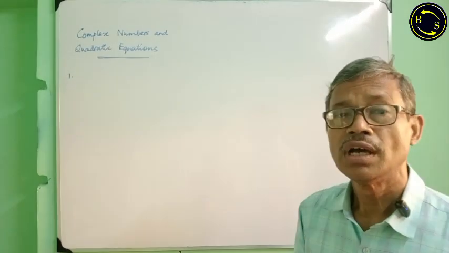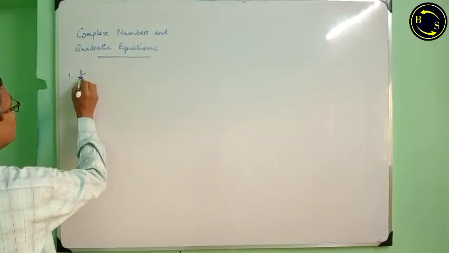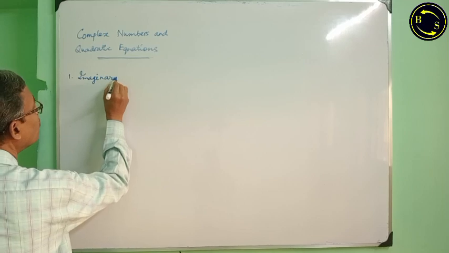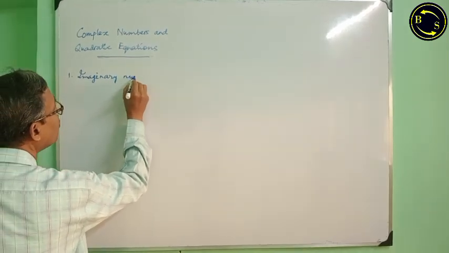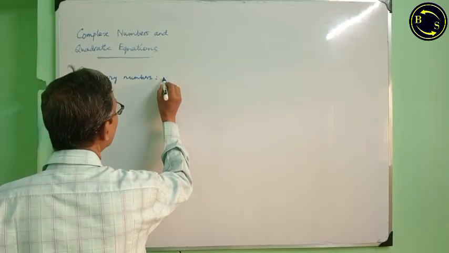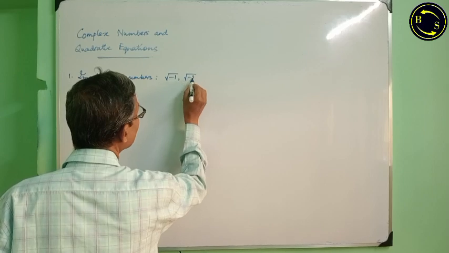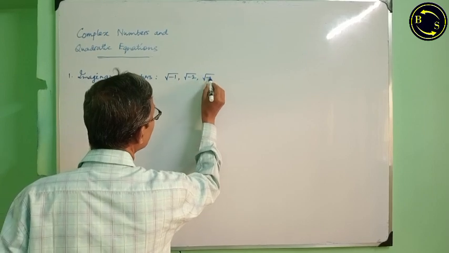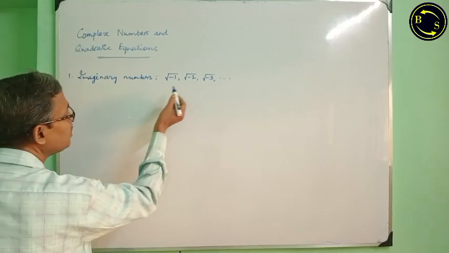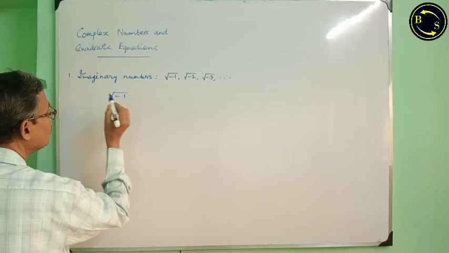Imaginary numbers are therefore root over minus 1, root over minus 2, root over minus 3, like this. Let me explain. Take root over minus 1.